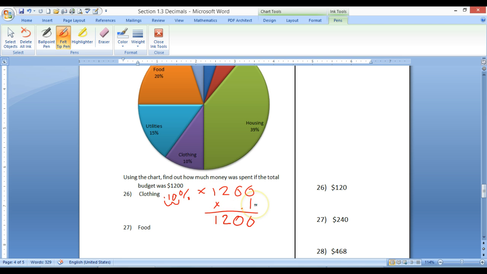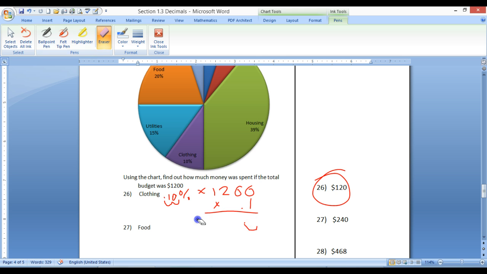Now the difference between multiplying and adding with decimals: in adding you line them up, in multiplying you count how many from the right side. I have one decimal place up here and none in the other number, so I only need one down here. Starting at the right, I move it over one place value. So the answer is 120, which matches, so I feel comfortable moving on.